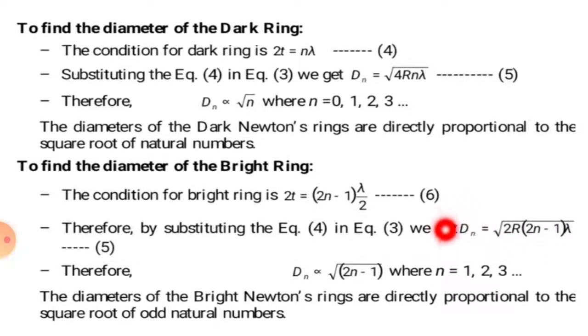Here D represents the diameter of the nth bright ring and n represents the order of the bright ring. The diameter of the nth bright ring is directly proportional to the square root of odd natural numbers. This is the expression for the diameter of the nth bright ring.